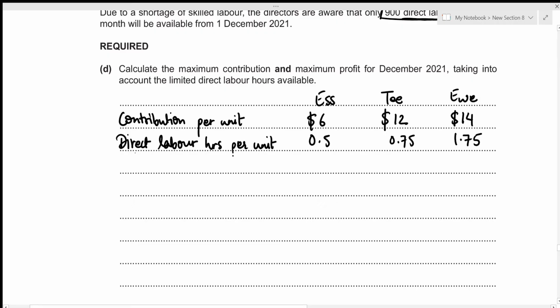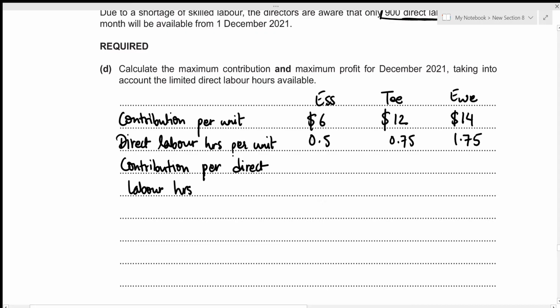So like I said before, we will now be dividing the contribution per unit by the direct labor hours per unit. We can write it down as contribution per direct labor hour. This just means the amount of contribution that we are earning per each direct labor hour.